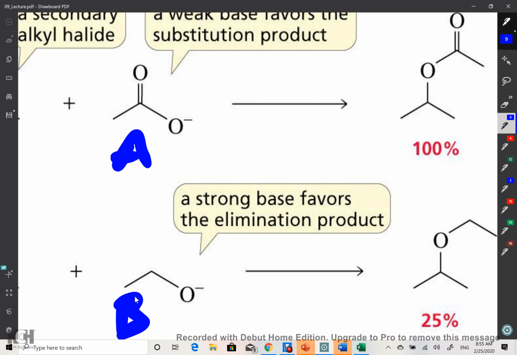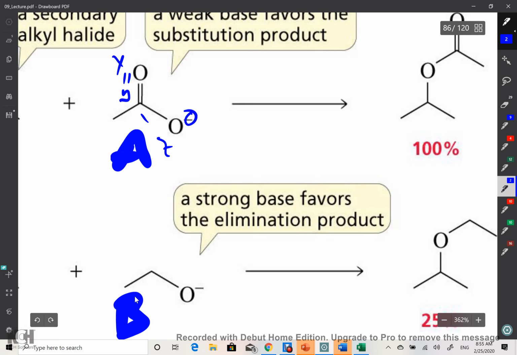A. Do we all agree that A is more stable? Why is A more stable? Resonance. Because A can undergo resonance. That's why A is more stable. How do we know that something can undergo resonance? X equals Y minus Z, and then the star is the negative charge. You remember that? And our star is a negative charge in this case.